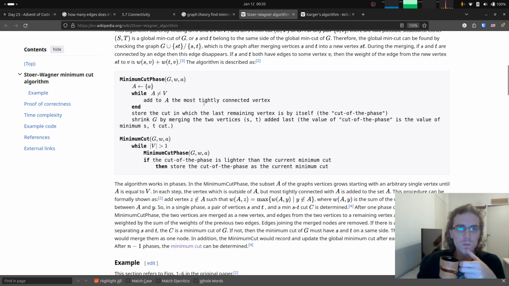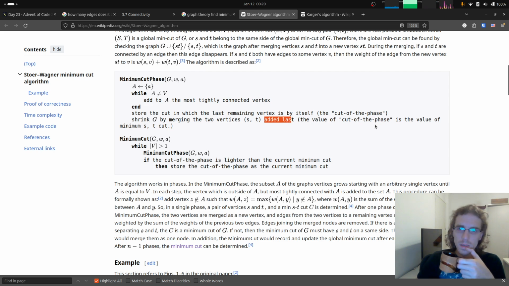Add to A the most tightly connected vertex. Tightly connected vertex, I guess, would be a vertex with the minimum amount of connections. I don't know. So while A is different than V, store the cut in which the last remaining vertex is by itself, the cut of the phase. Shrink G by merging the two vertices added last.